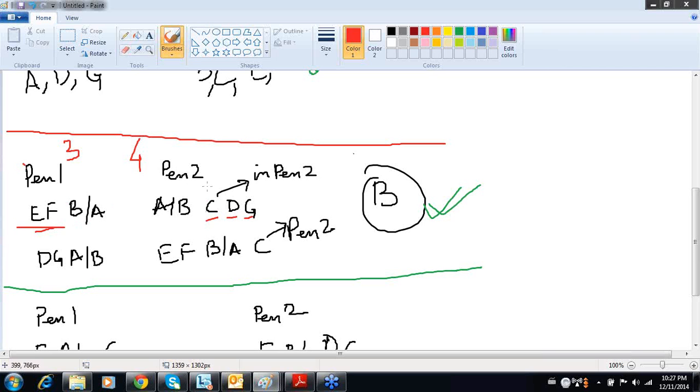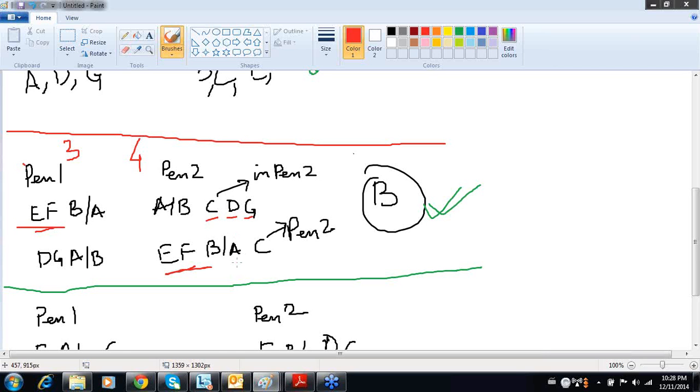Okay, we can again have two cases: B here, A here, and A here, B here. Now the second is we keep E and F in pen 2. If we keep E and F in pen 2, that means one of B or A has to be in pen 2.